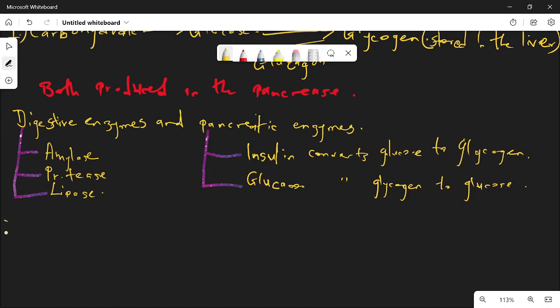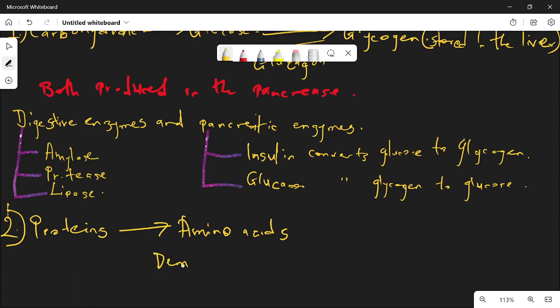The second one is the proteins. Proteins are broken down to amino acids. Amino acids cannot be stored in the body. So the moment the body makes use of the amount it needs, it expels the remaining. The system of eliminating the remaining amino acid is what we refer to as deamination.